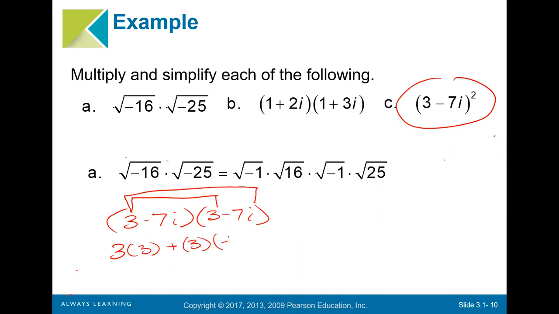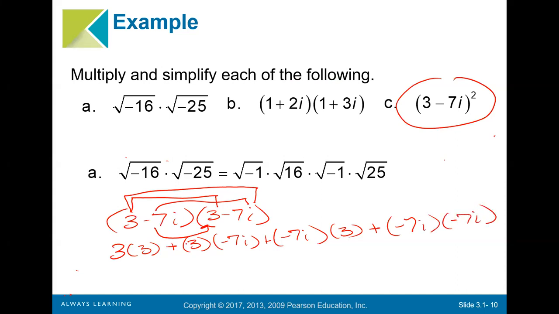3 times -7i plus -7i times 3 plus -7i times -7i. All right, so now when I go clean this up, I know I got 3 times 3 is 9. I got +3 times -7i is a -21i.